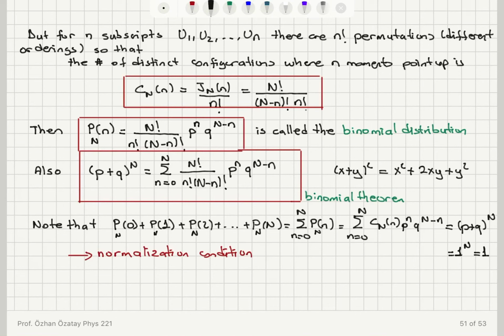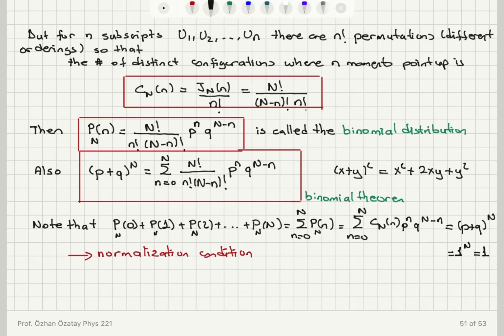But for these n subscripts, U1, U2, Un, there are n factorial permutations, different orderings. So in order to get the number of distinct configurations, I have to divide the number of distinct entries by the number of permutations, which gives me the number of combinations of capital N taken lowercase n at a time. So the probability is then N factorial divided by lowercase n factorial, N minus lowercase n factorial, p to the n, q to the capital N minus n, which is known as the binomial distribution.